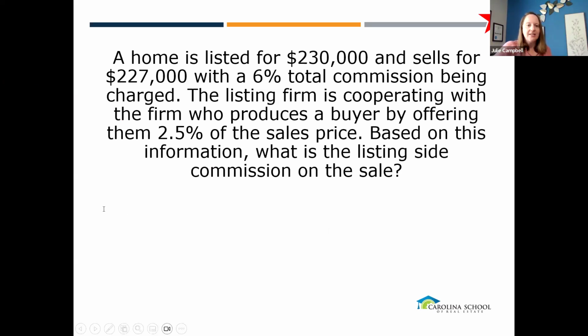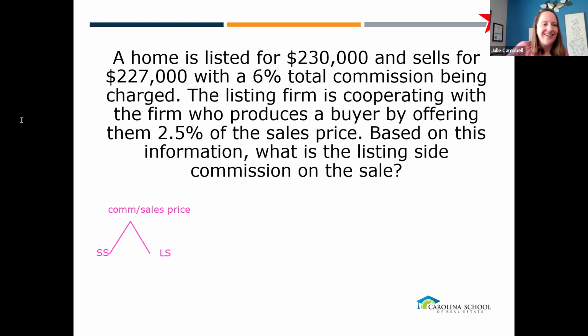So I've read that, and instead of throwing down a T-bar, I'm going to map it out. So we start at the top with our total commission, our sales price, and we're going to split it between the sides. So you got the selling side and the listing side. This question, that's as far as it goes, isn't it? Because what's it asking me for?